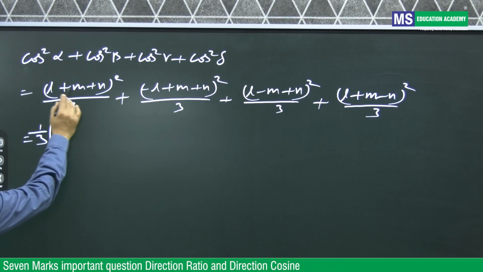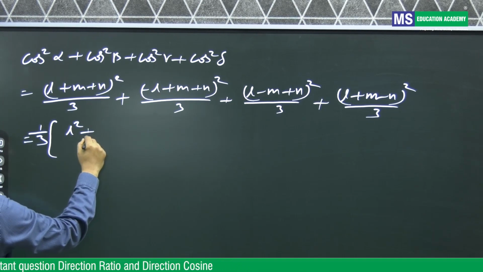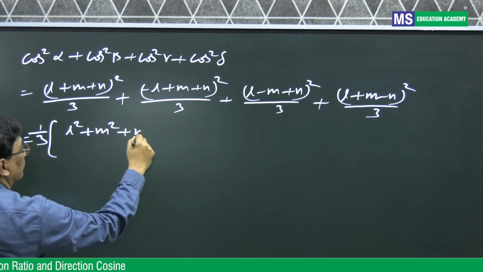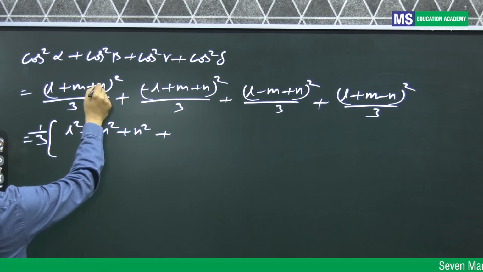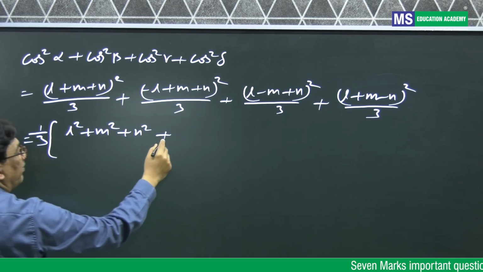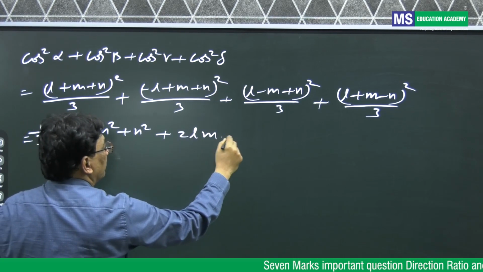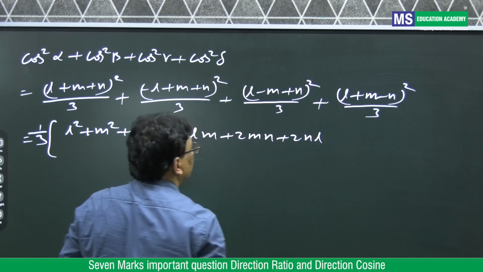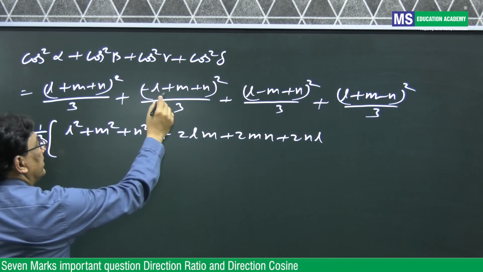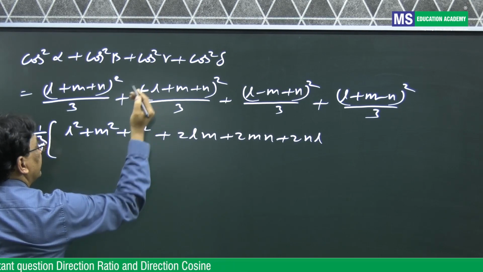First, the A plus B plus C model: L square plus M square plus N square plus 2AB, 2BC, 2CA. Two values we have to take at a time: 2LM, 2MN, 2NL. First part is over. Second, minus L is there here.